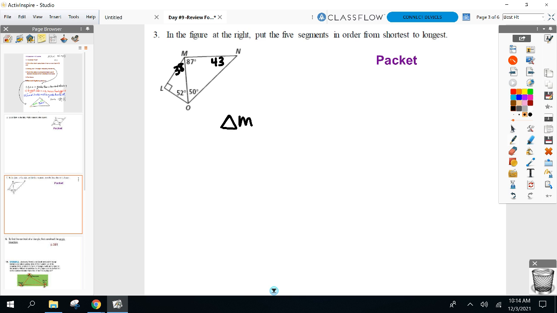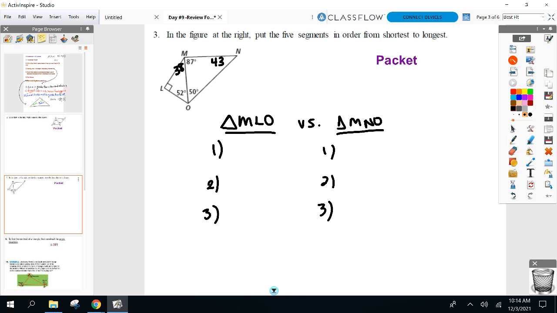So take MLO, rank them from shortest to longest. And then we're going to compare that with the other triangle, MNO, from shortest to longest. So go ahead, rank them for me. And then we'll talk. I'll ask what your rankings are, and then we'll talk. Smallest angle across the smallest side.